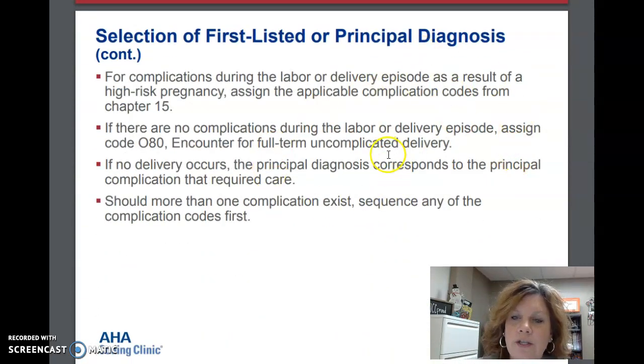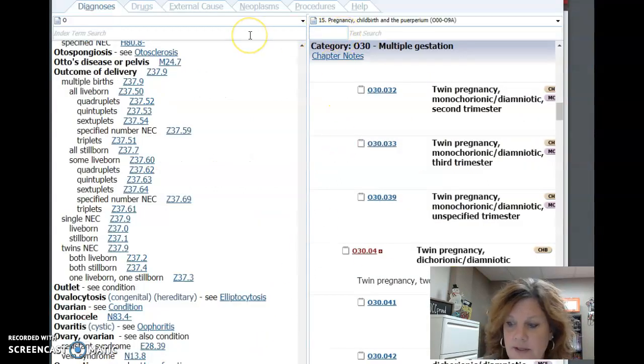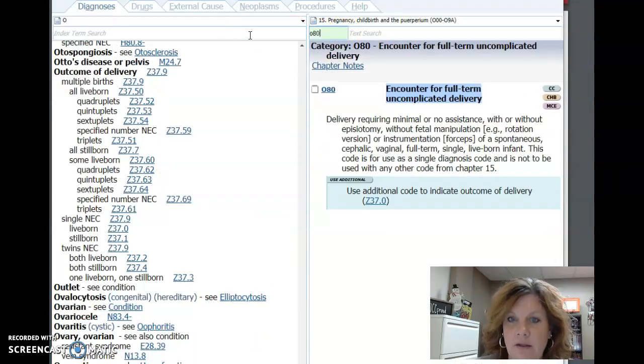Okay, usually when you have a diagnosis here, complications is a lot of times, sometimes you have no complications at all. Okay, then we're going to use O80. Okay, and we'll talk about what that is: encounter for full-term uncomplicated delivery. One thing here, use additional code to indicate the outcome of delivery, Z37.